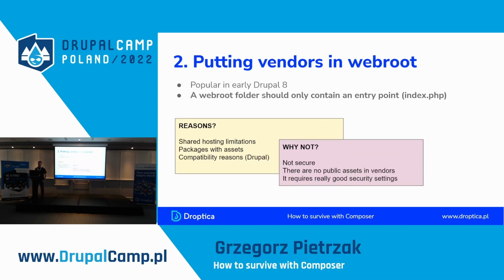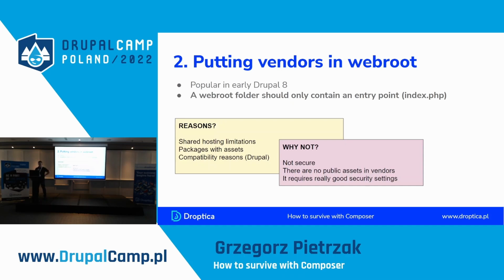The second bad practice is putting vendors in webroot. So in PHP in general, if you work with Symfony, it's always advised to keep only index.php and assets under the webroot, or docroot, or however you name the folder that is the entry point of your PHP application. Don't keep vendors there.